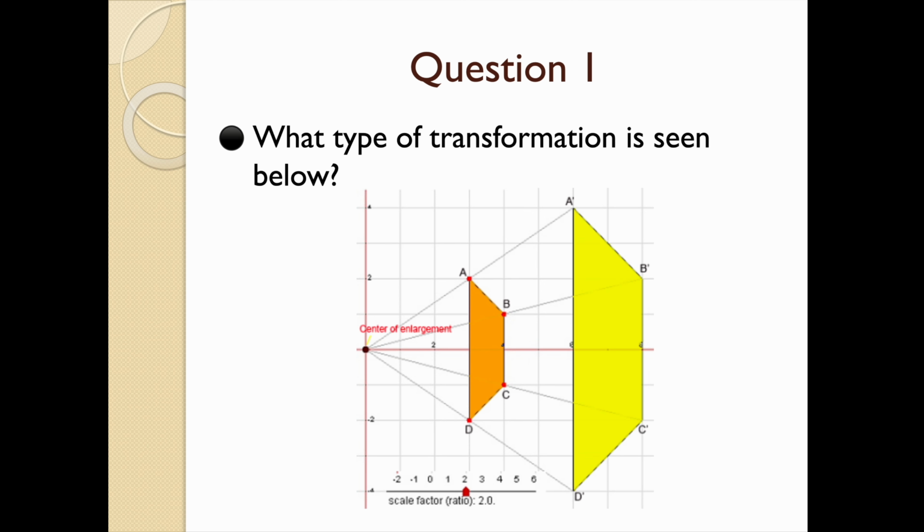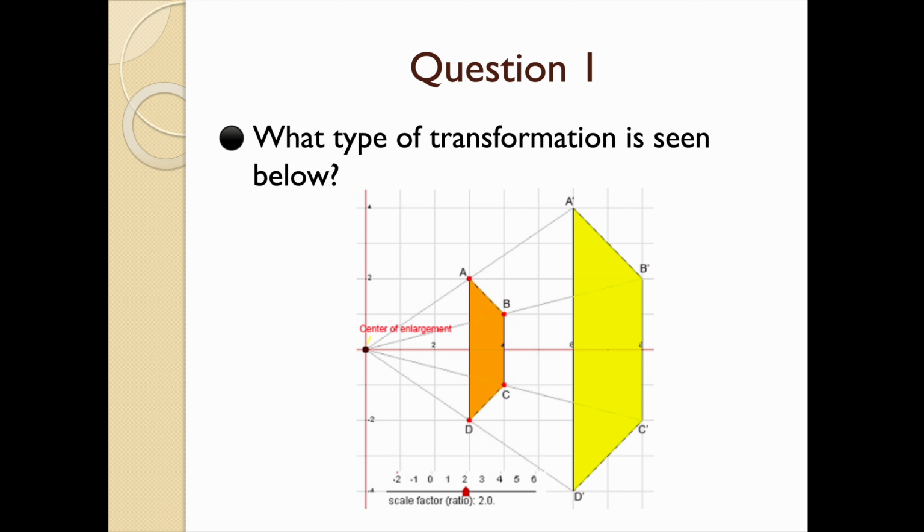Before we do that, tell me, what are the types of transformations? Rotation, reflection, enlargement, and translations. Lovely. So this first one kind of tells you, but what is this transformation here? An enlargement. Lovely. Now, who could tell me what is the center of enlargement? 0, 0.